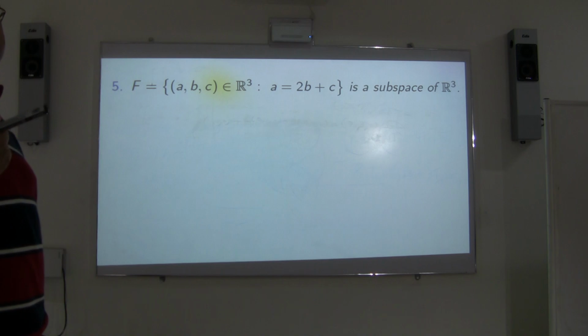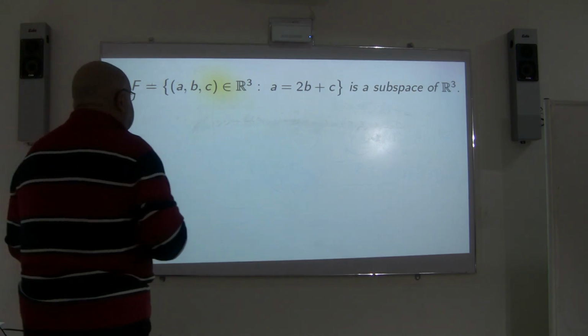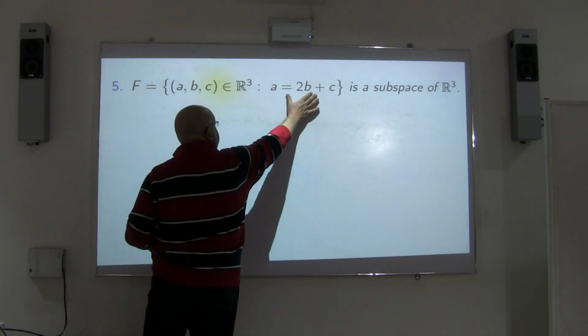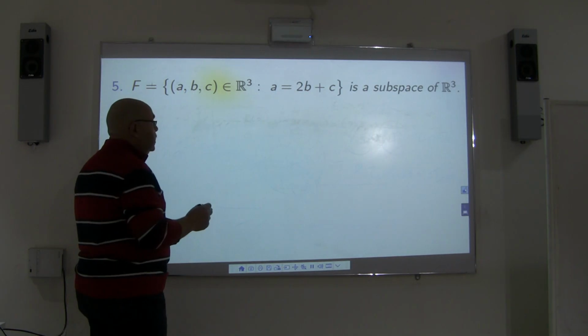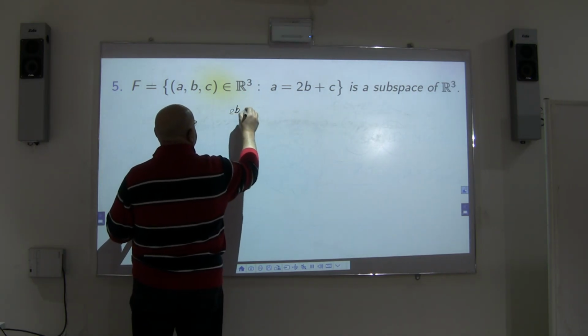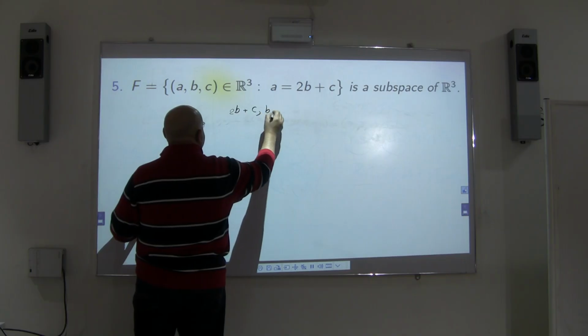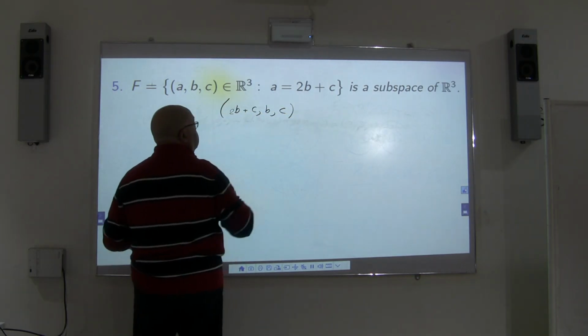How do we find this set of vectors? The first step is to use this relation and make a substitution. It's going to be (2b plus c, b, c). That's the form of these vectors.